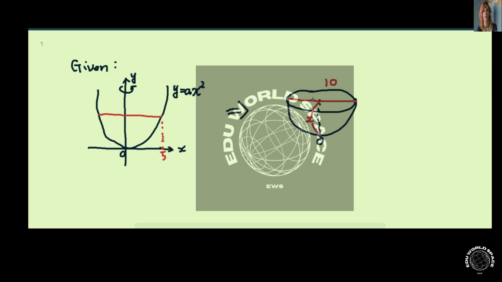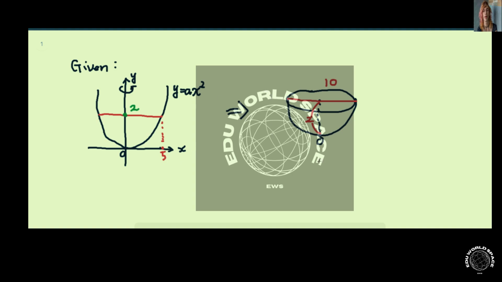And the max depth 2 corresponds to, let's change color, here, this point should be y equals 2. Okay? So that's the given information.